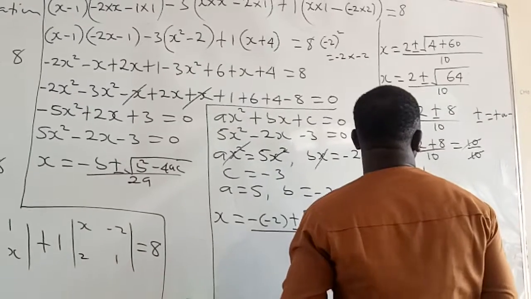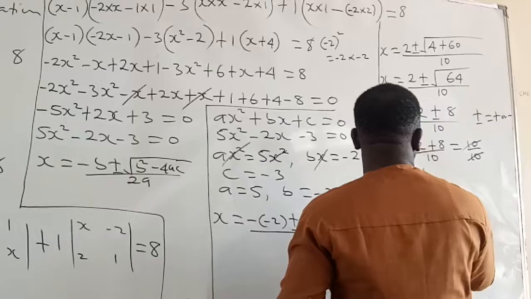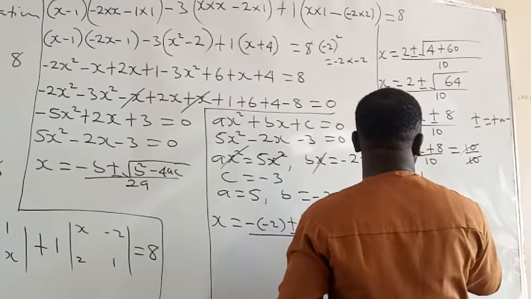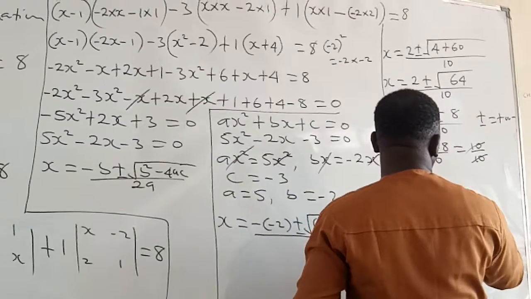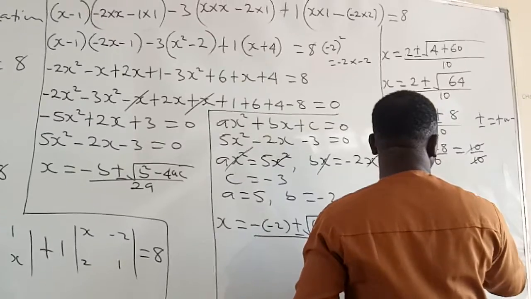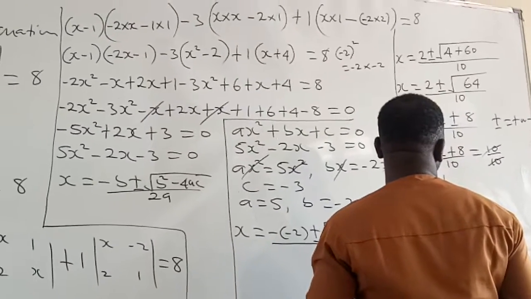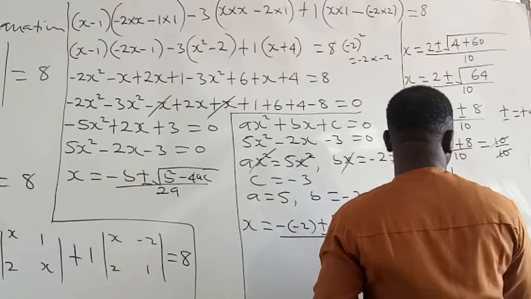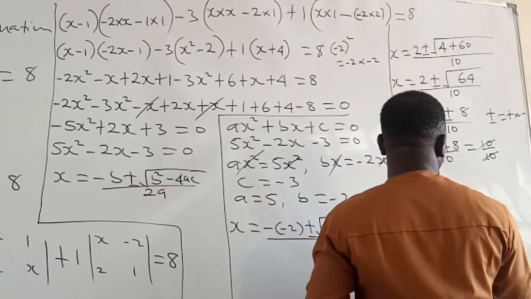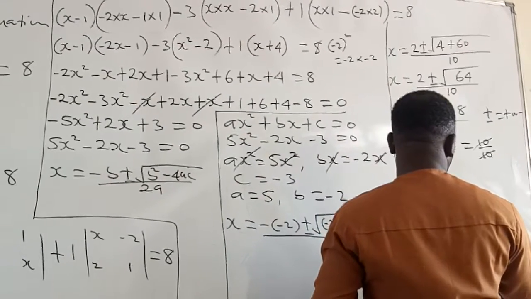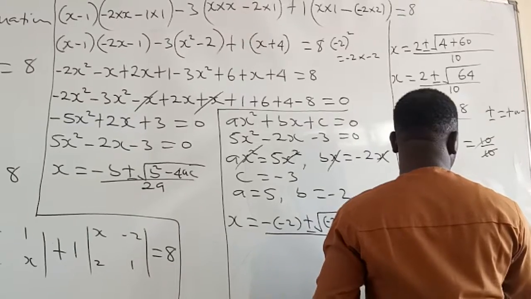Is that clear? Then, or if we now say x is equal to 2 minus 8 all over 10, this implies that our x is equal to minus 6 all over 10.